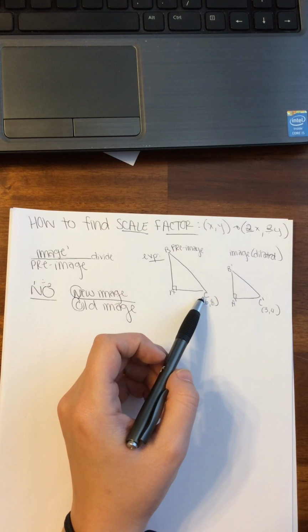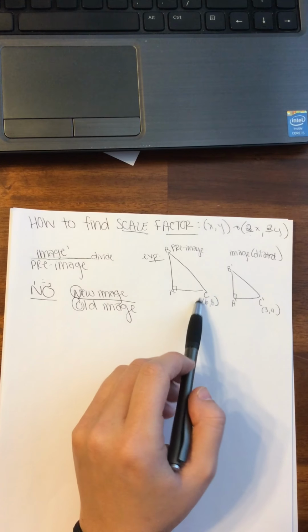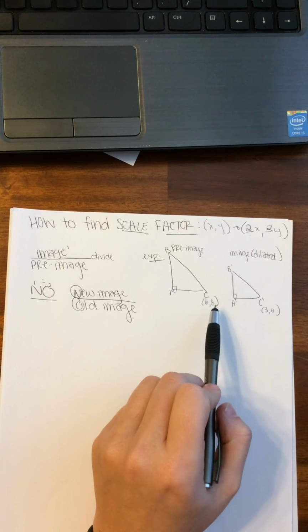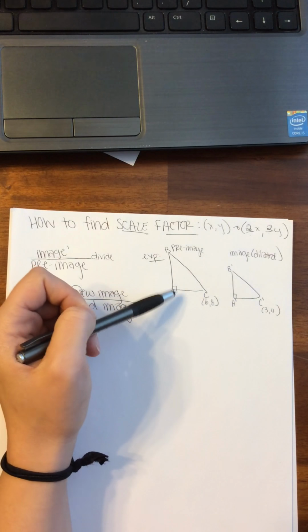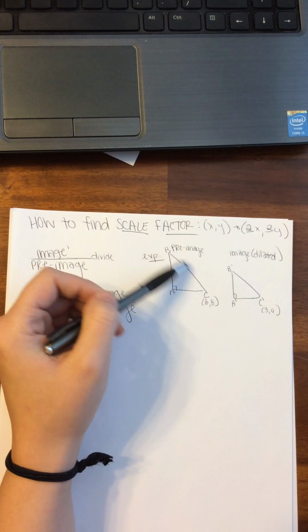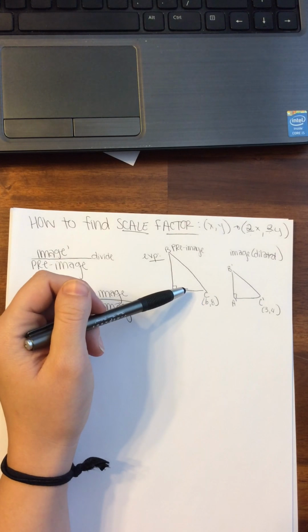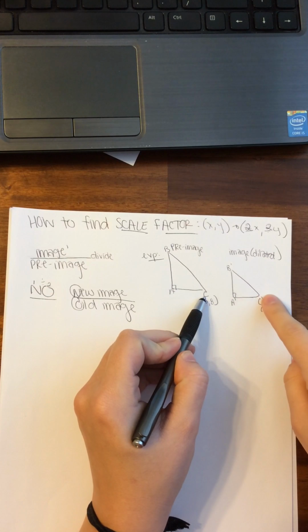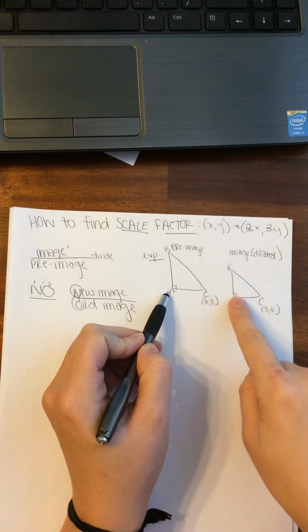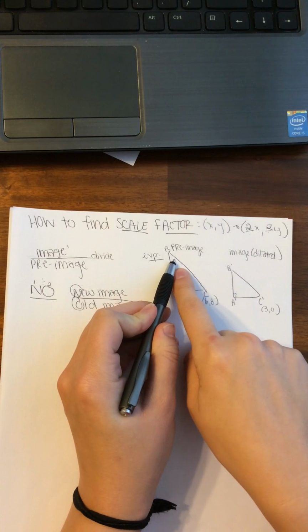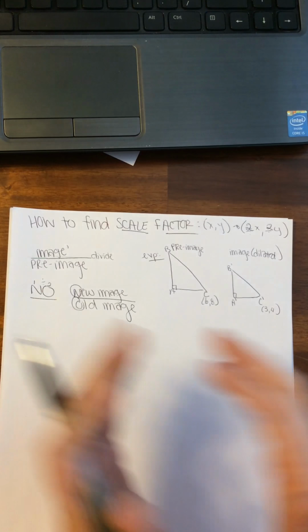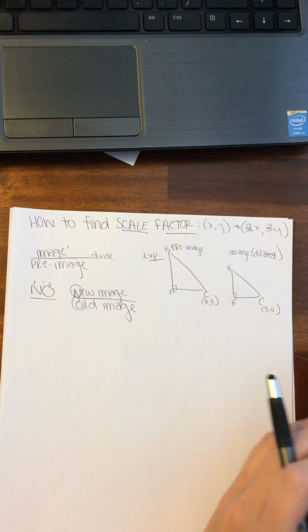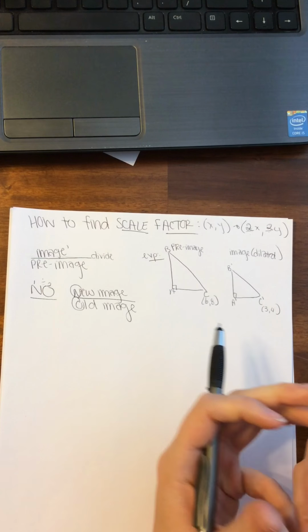And I only gave you one ordered pair for C because you only need to compare one. So you get to pick if you want to compare A, B, or C for the formula. But if you pick C, you have to pick C here. If you pick A, you have to pick A. If you pick B, you have to pick B. So it has to be the same letter with the pre-image and dilated image. But it doesn't matter which one you choose.